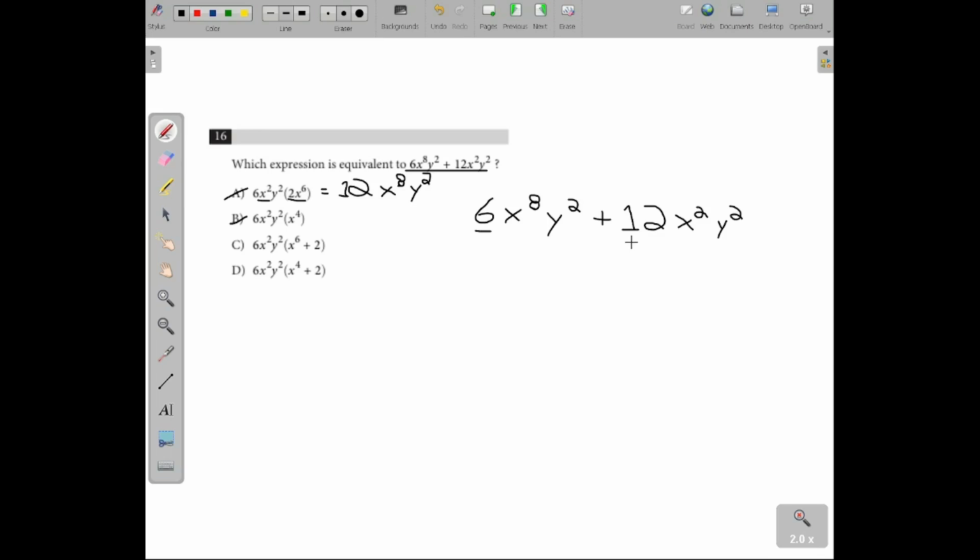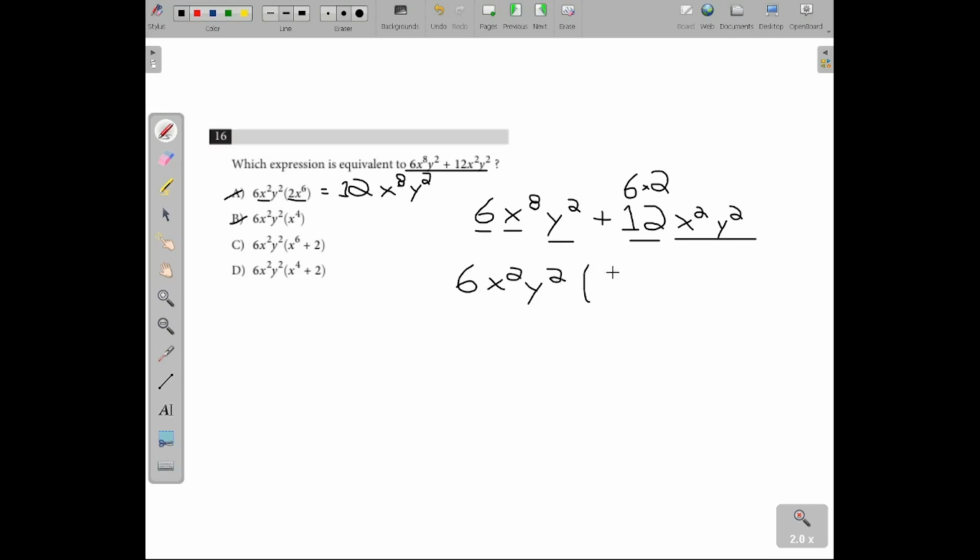Let's start with the 6 and the 12. 12 has the factor of 6 and 2. 6 times 2 is 12. So we could use 6. And for these variables we can use the lowest exponent, so x squared, and y, since we have y squared here and y squared here, that's our only option.